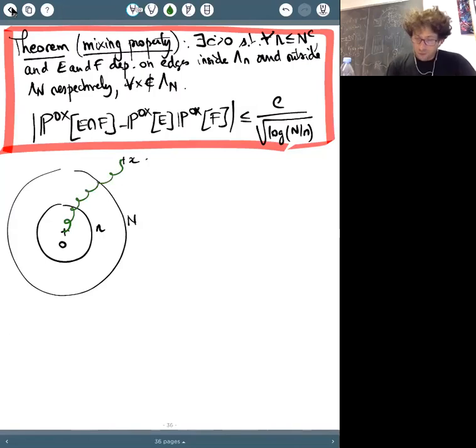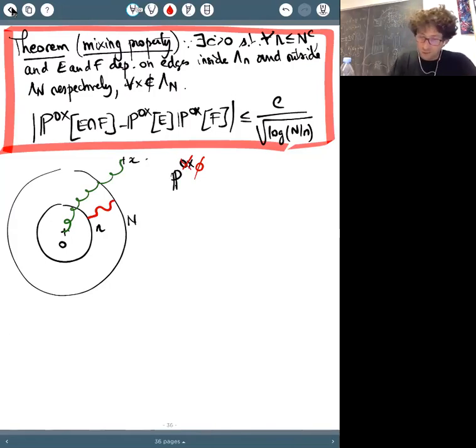In fact, if you think about it, and you look not at 0x but at the empty set here, you would not even expect at criticality that with large probability you will have a single connection between the inner and the outer boxes. Because in some sense, there is no magnetization at criticality. And the currents are kind of telling you how much you are magnetized.